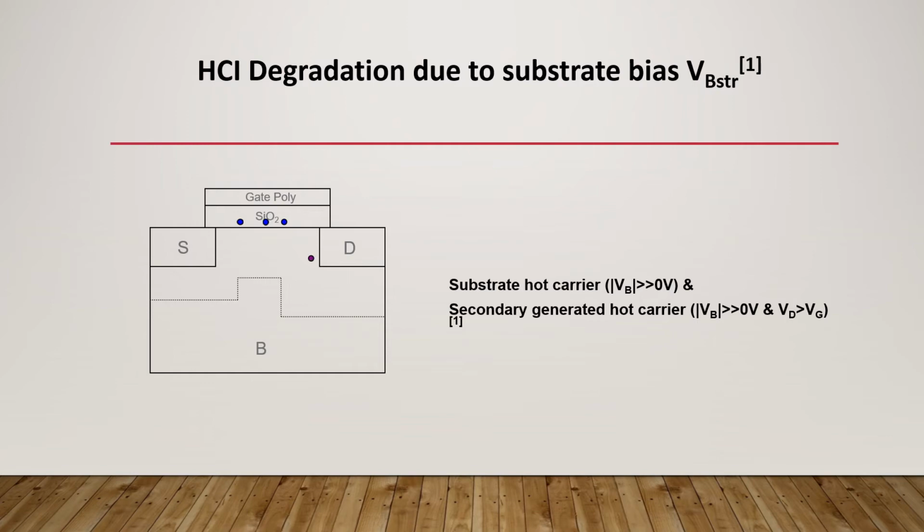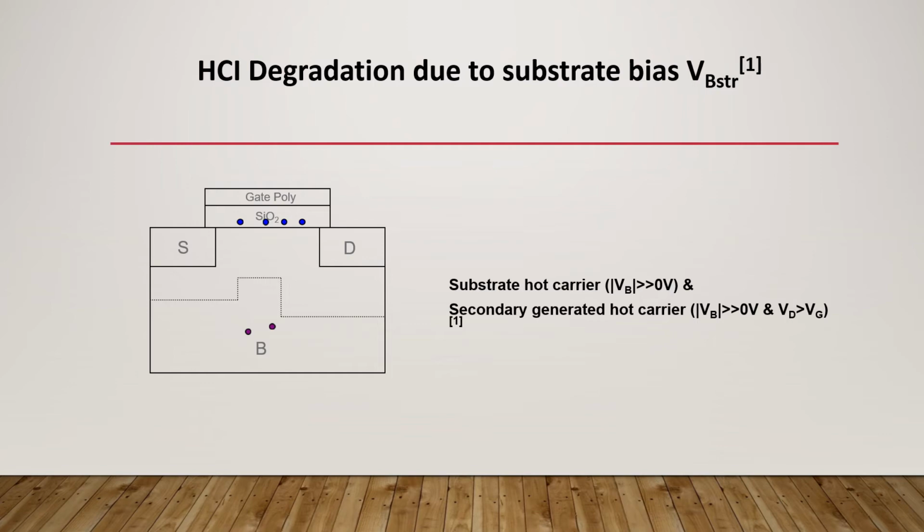Another sub-mechanism, also called secondary generated hot carrier, is because the hole that was generated due to impact ionization towards the drain, which causes the substrate current, can itself generate an electron-hole pair in this depletion region. That secondary generated electron can then get injected into the SiO2.